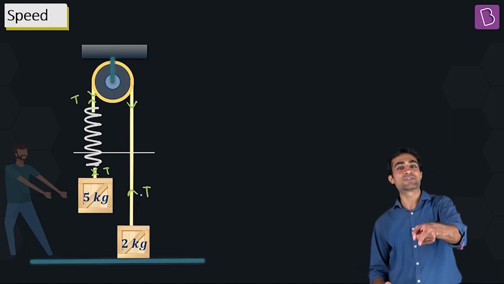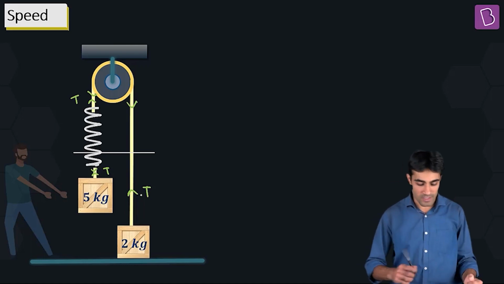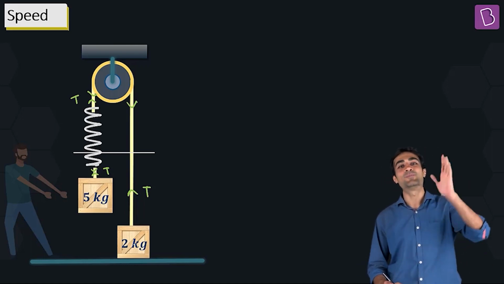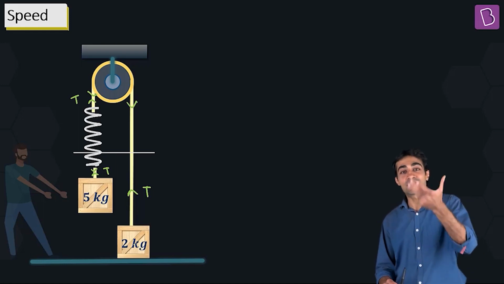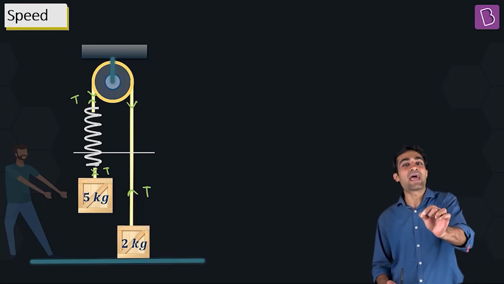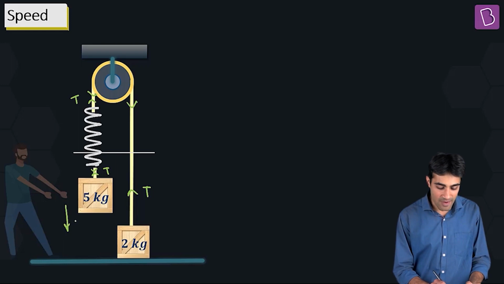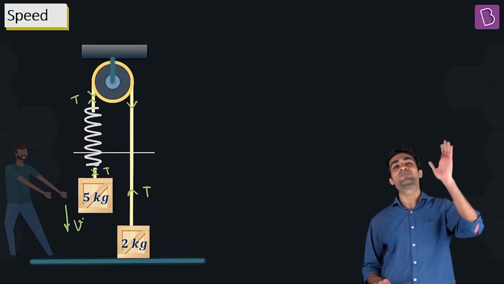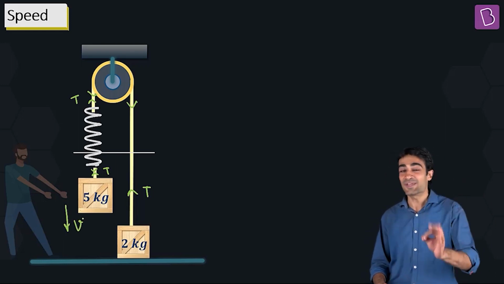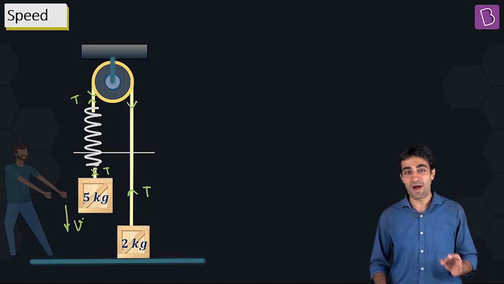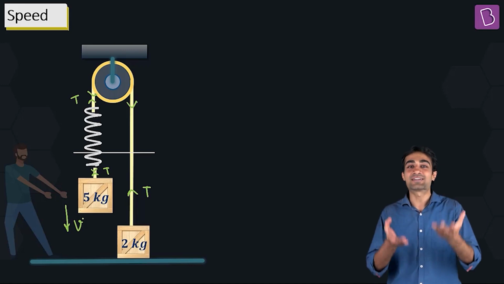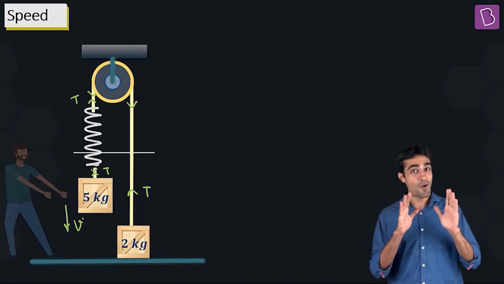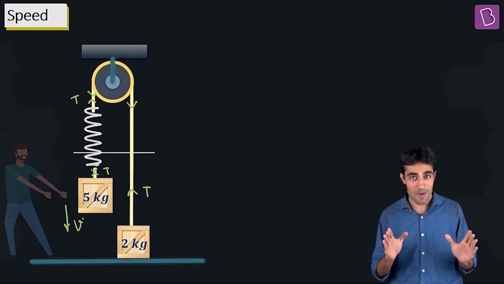And this tension is responsible for lifting the other 2 kg block. So, when the 2 kg block just lifts up, we have to tell what is the speed acquired by the 5 kg block. This is a really cool question. We have to find the speed of the 5 kg block when the other 2 kg block just lifts up. Now, I hope the question is clear up to now.